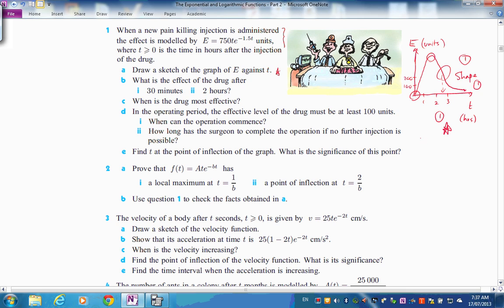Just notice here, find t at the point of inflection of the graph. That can be done with the formulas that I was talking about before. If you are not asked to find the second derivative or do it algebraically, then you'd use the formulas. There is another way of doing that, of course.